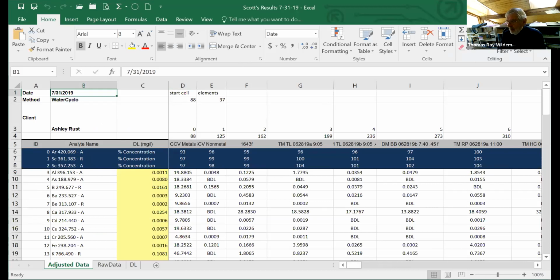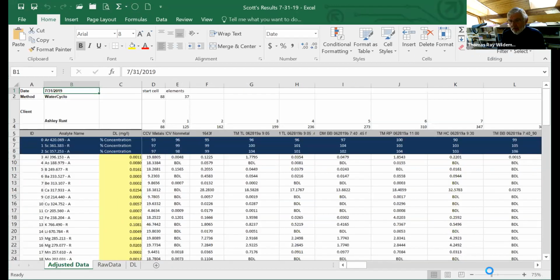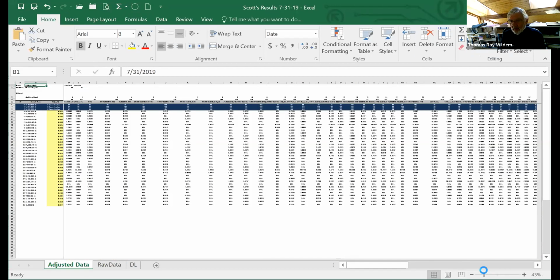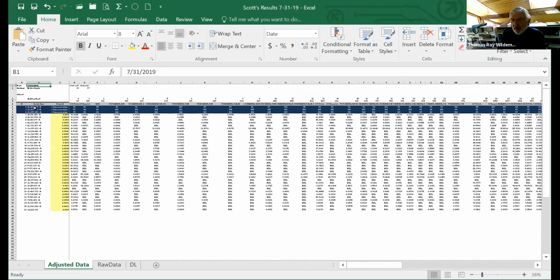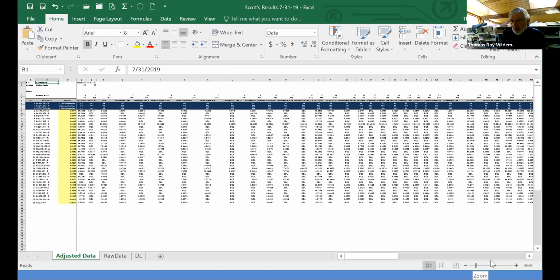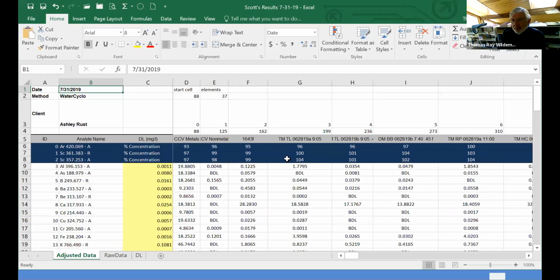If I make this small, you can see that there are lots and lots of columns of numbers and the like, and so this can be quite overwhelming. So I want to explain what the readout looks like.